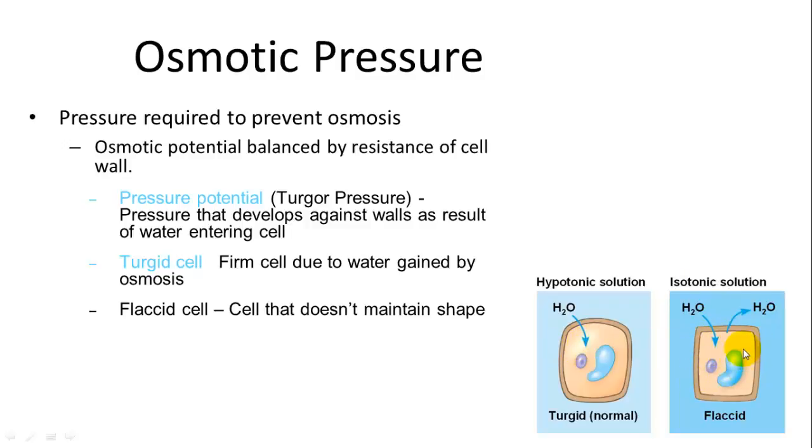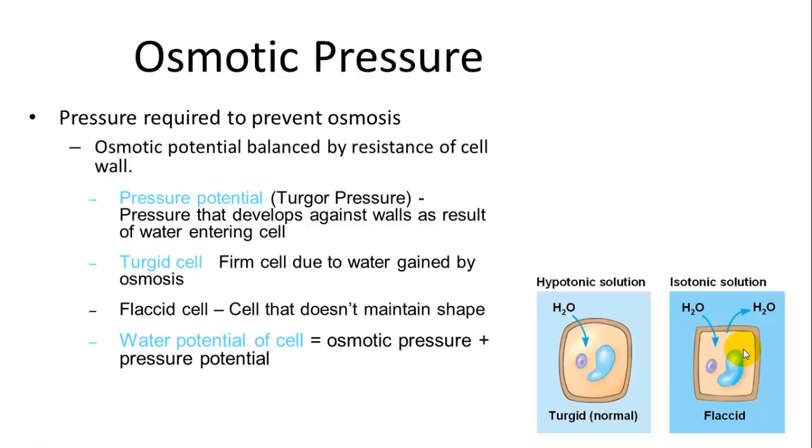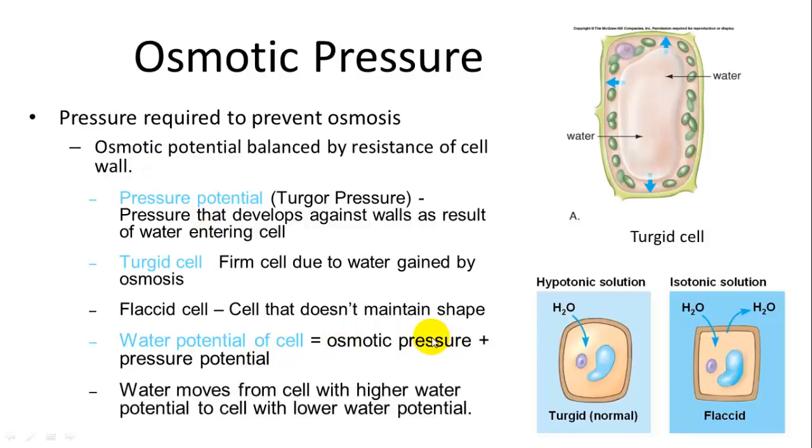The central vacuole will not push against it. So the water potential of a cell then is the osmotic pressure plus the pressure potential, the turgor pressure. Okay, and water moves from a cell with higher water potential to a cell with lower water potential.